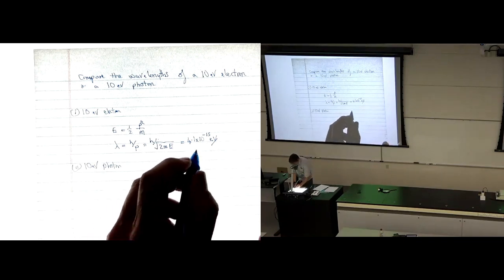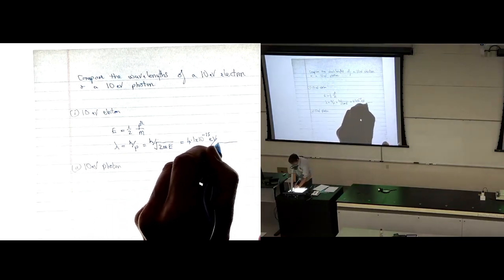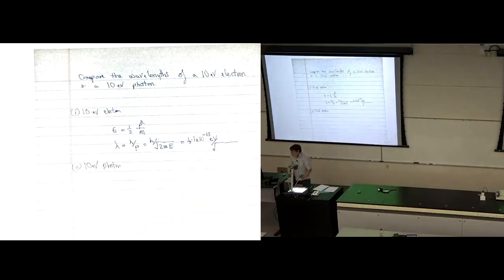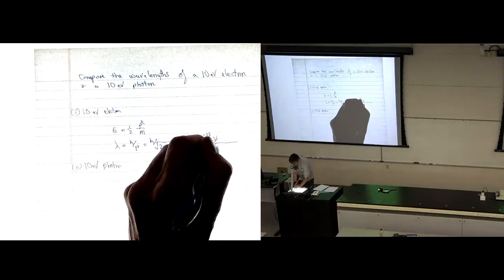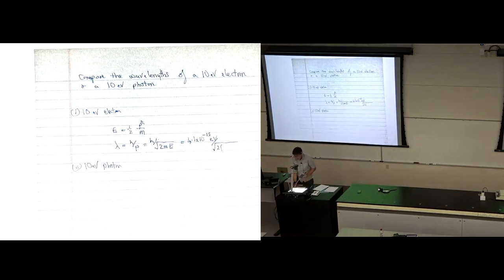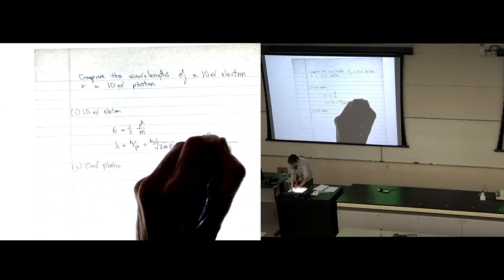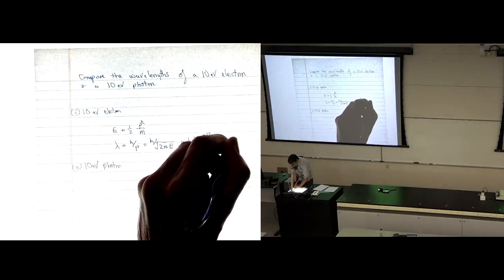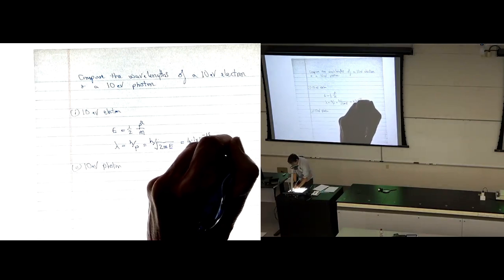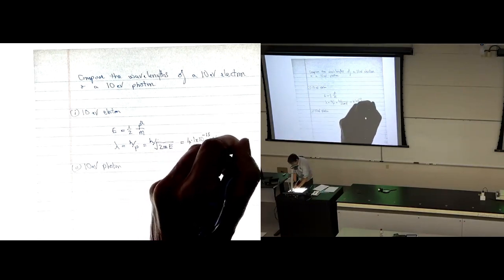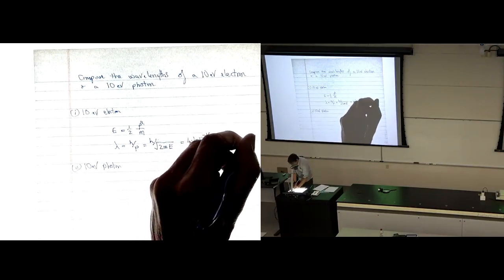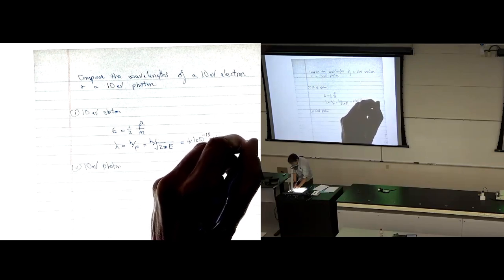So in the denominator here, I've got 2 times the mass of the electron. That's 0.5 times 10 to the 6 eV/c squared, times the 10 electron volts.